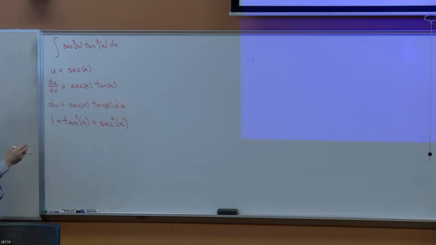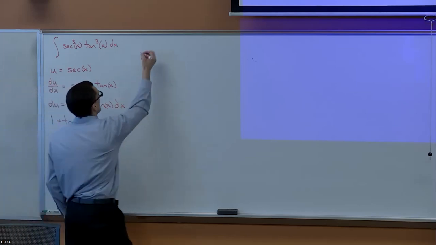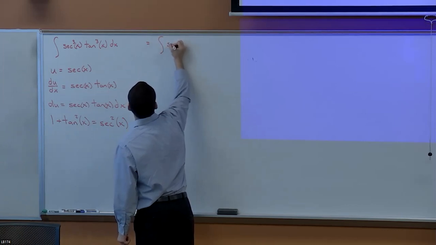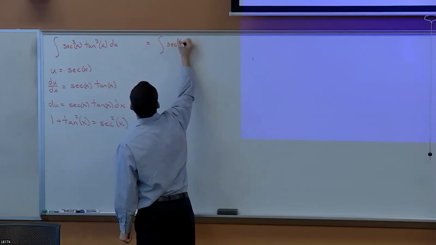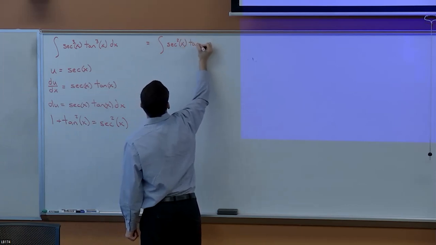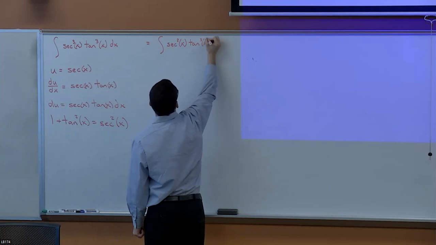So that's the one I'm gonna do. All right, so let's peel off a copy of secant. That'll be secant squared times tangent squared left over.